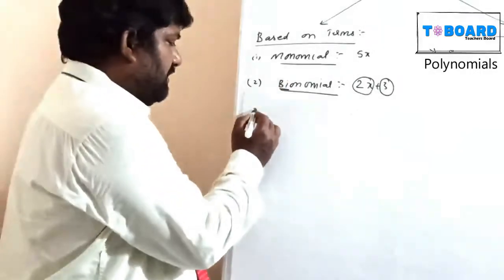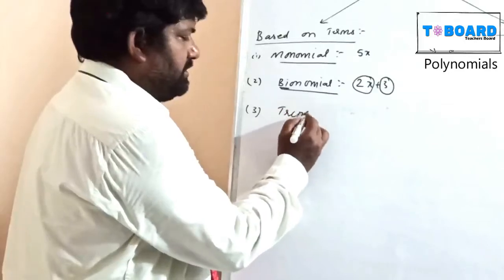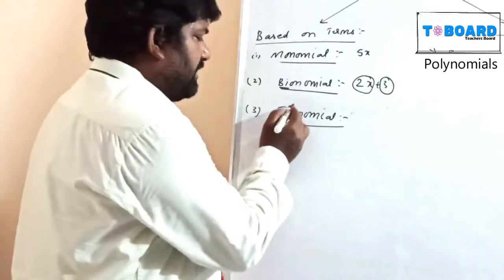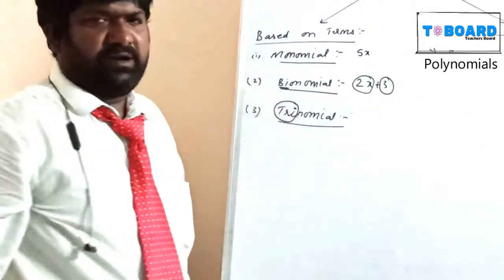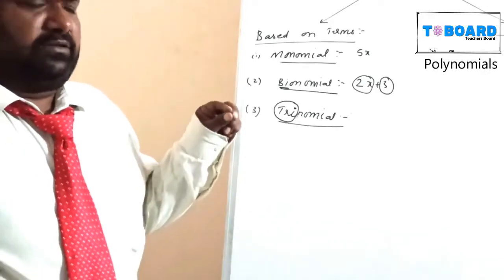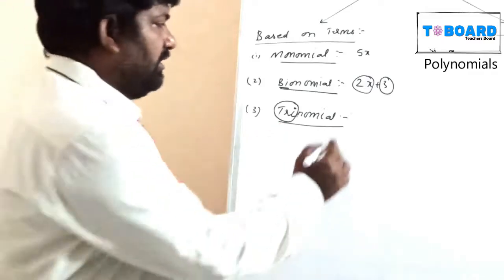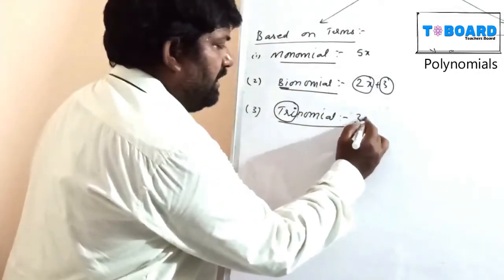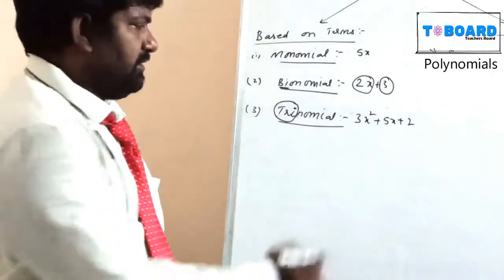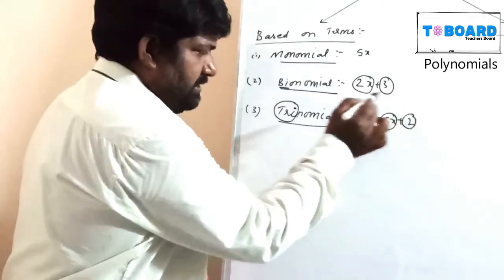Next, the third one is trinomial. Tri means three. A polynomial with three terms is called a trinomial. Three terms means 3x square plus 5x plus 2. Here 3x square is the first term, 5x is the second term and 2 is the third term.